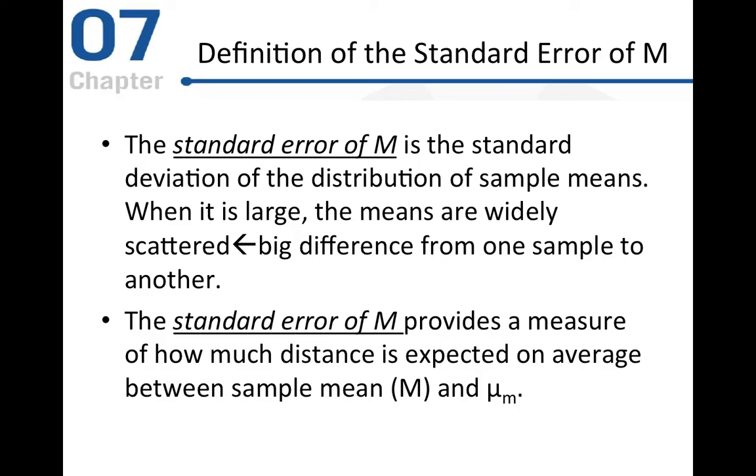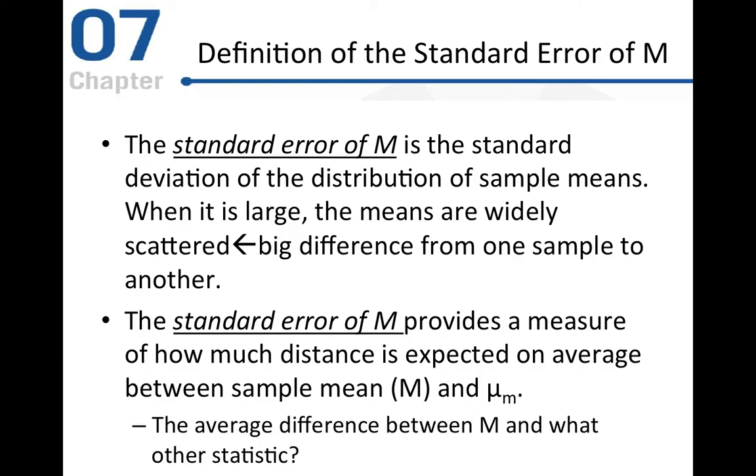The standard error of the sampling means provides a measure of how much distance is expected on average between the sample mean and the expected value of the mean from the distribution of the sample means. This also gives us information on the average distance between the sample mean and what other statistic?